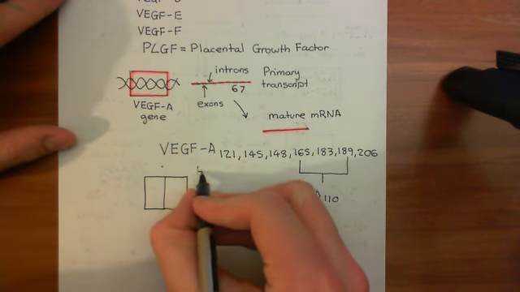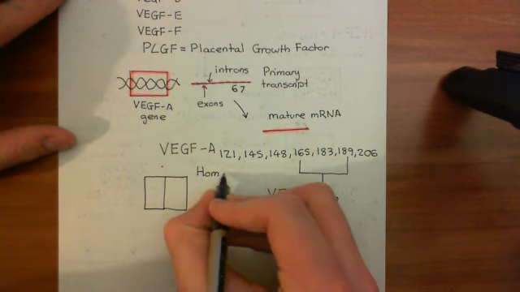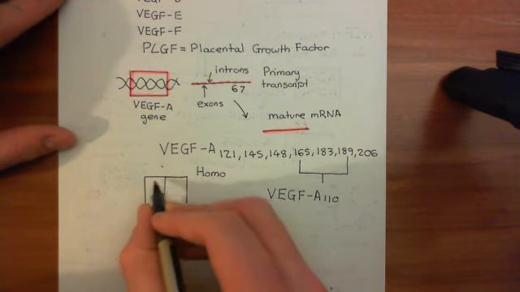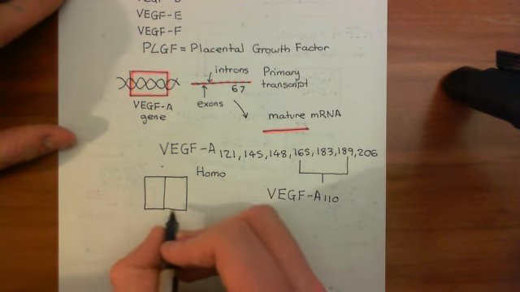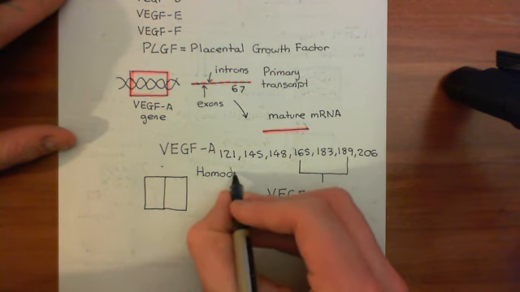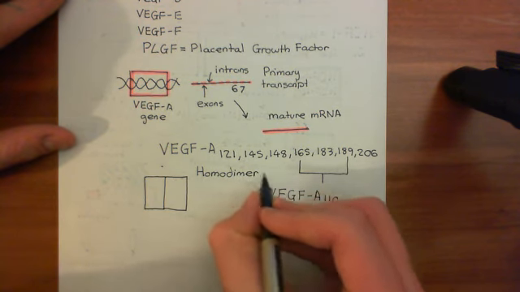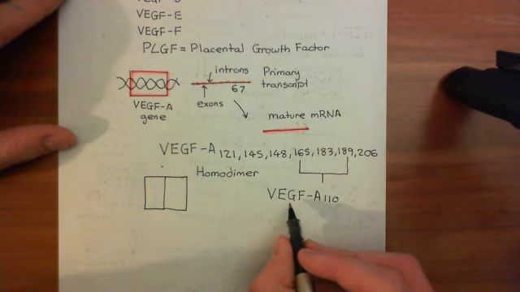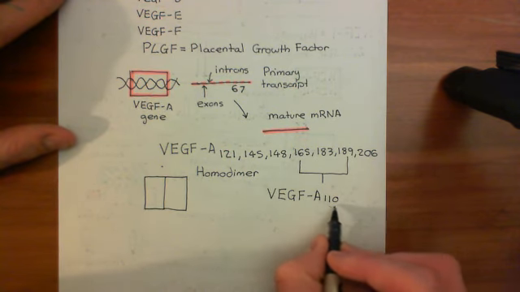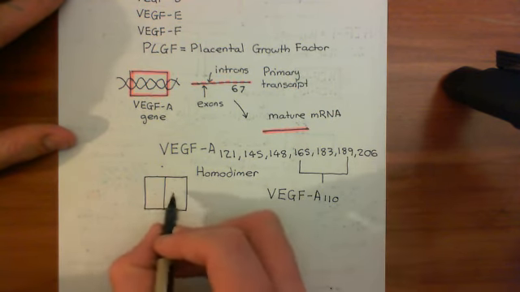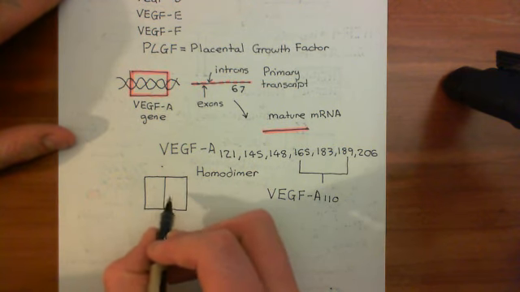They are always homodimers, which means that the isoform that you have in slot 1 is the same as the isoform that you have in slot 2. So, for instance, you can make a dimer of VEGF-A 110, where you have a 110 in both positions, but you can't make heterodimers.